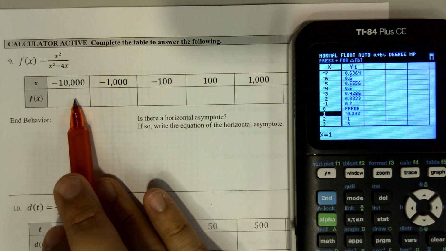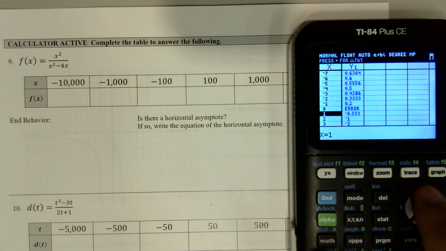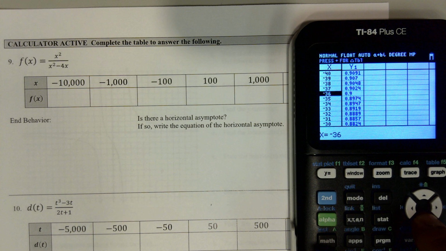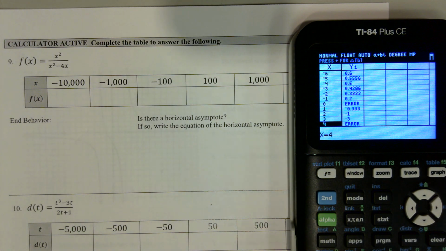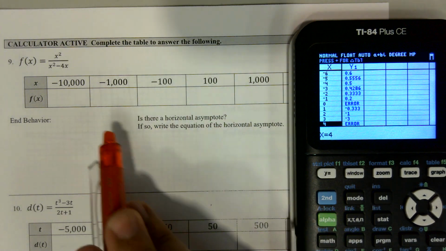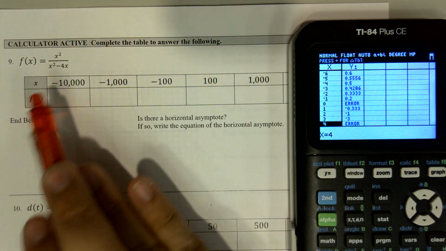We'd be scrolling for a very long time at this rate. It's not never going to get there, but you're going to be sitting there for a while. So what our calculator does instead is it also gives us the option to type in some value for x, and it'll evaluate it for us.